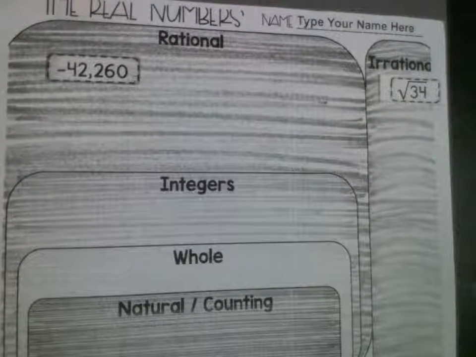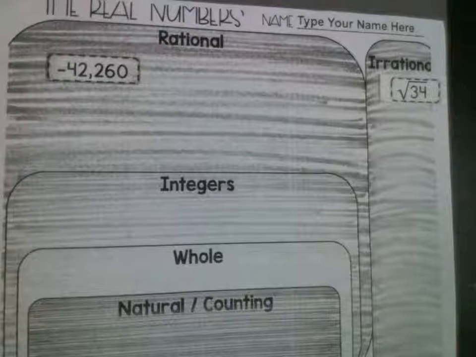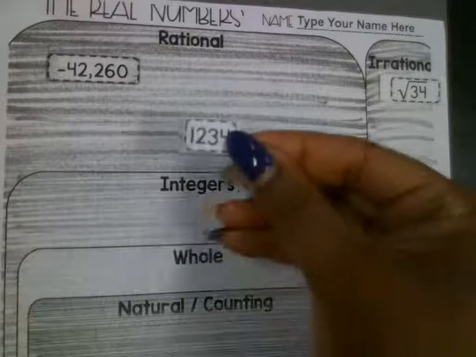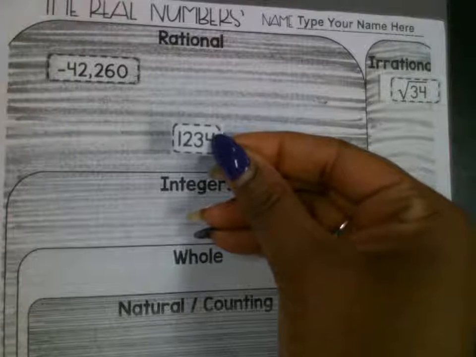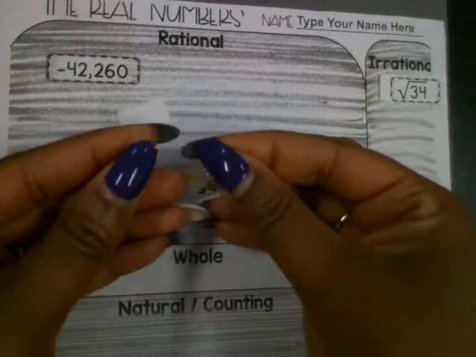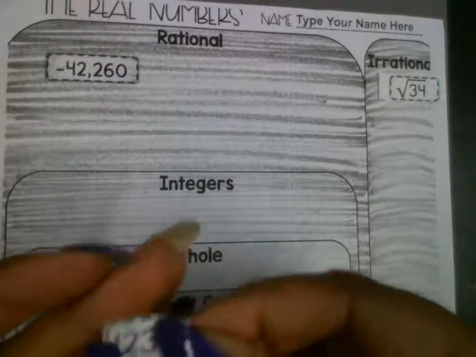The second number. Please make sure you raise your hand if you feel like I'm moving too fast. We are not going to glue down until the end because I'm limited on glue sticks, okay? 1,234. Is that rational or irrational? It's rational. You can write this as a fraction.